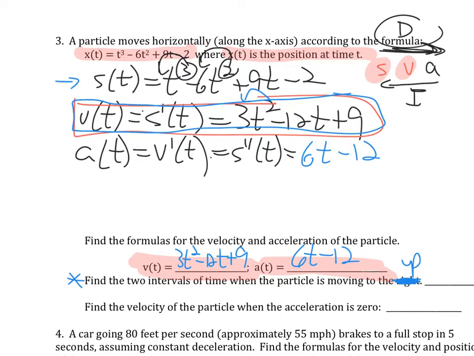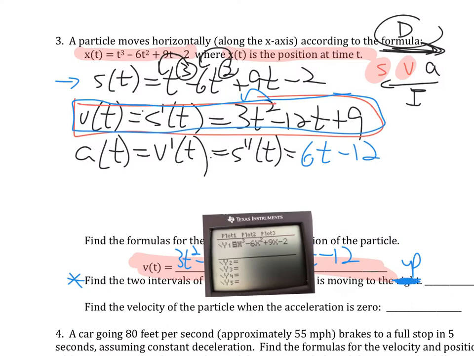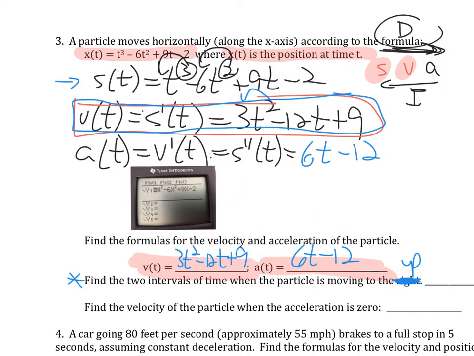And what I did was I plugged that equation into my calculator and went to the table, starting at 0 because you have a position function, so you always have to start with the time being defined as 0.